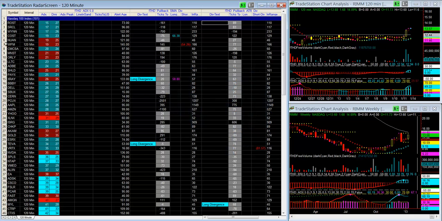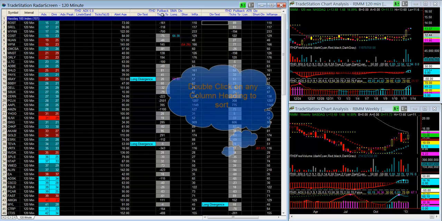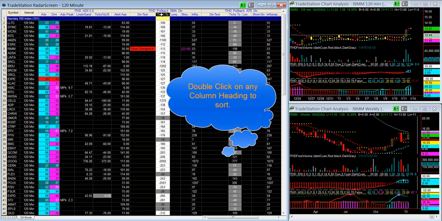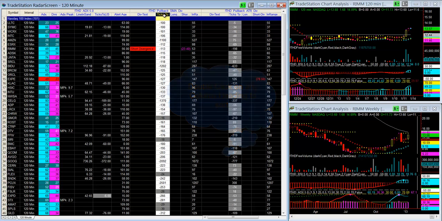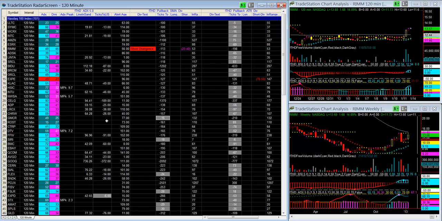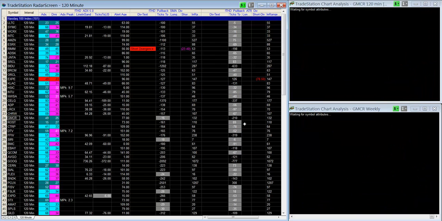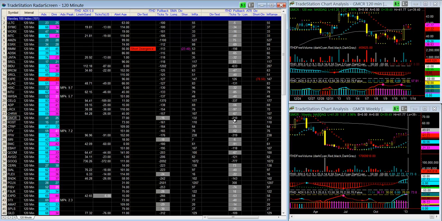So after I've inserted my list, I'm going to double click on Ticks 2, and you can see that it sorts, and the first one that you would come to would be GMCR.